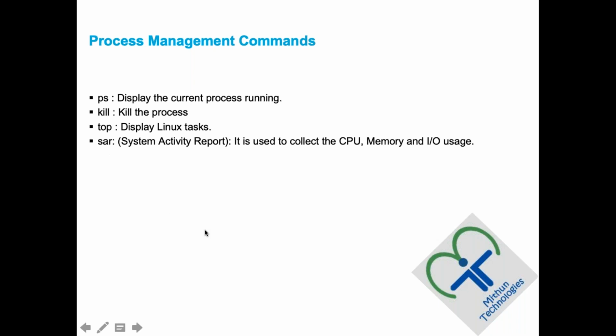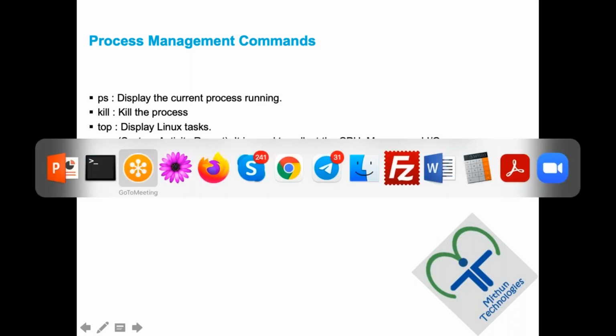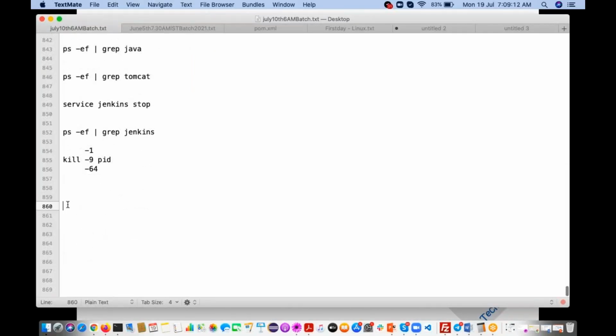So if you want to install SAR, how are we going to install it? If you want to install a package, we'll use the yum command: yum install. There is no package named SAR, so you have one package named sysstat, system statistics.